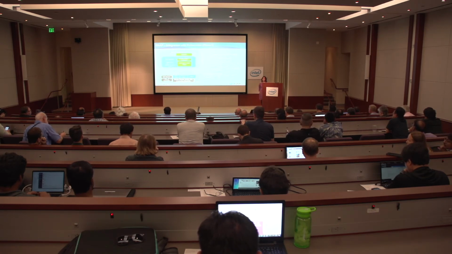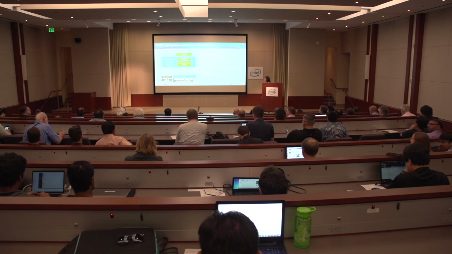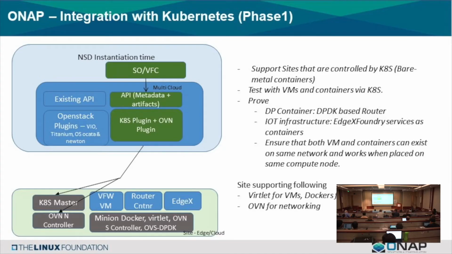One more follow-up question. For those functionalities, the virtual firewall and router and EdgeX, are there any commercial vendors that are porting their applications into this framework, or are you taking just a Linux-based approach? So the EdgeX Foundry services are open source and they are available, right? The DPDK-based router, I'm not sure. I can let you know.